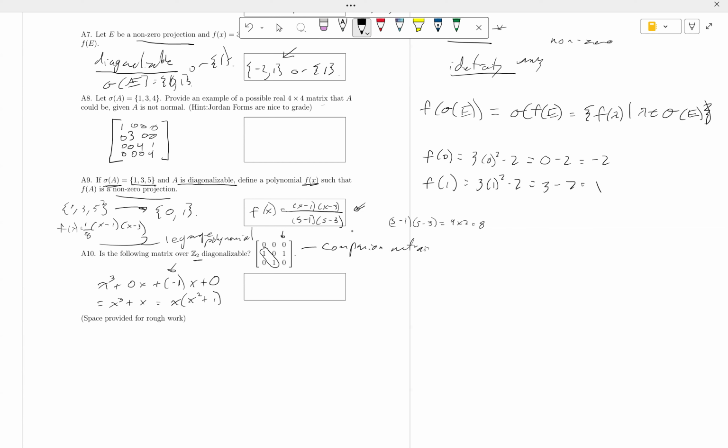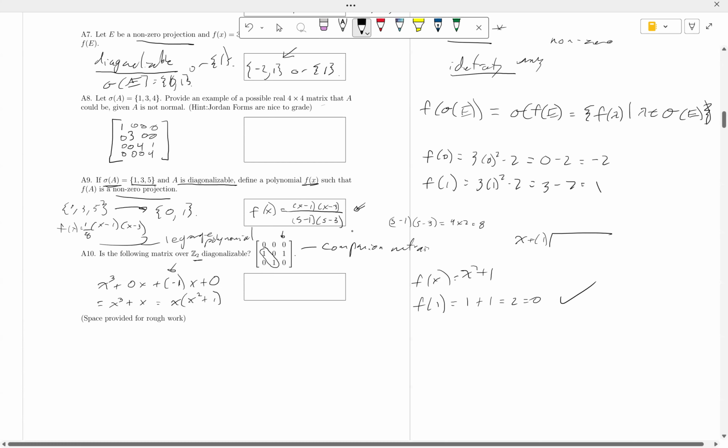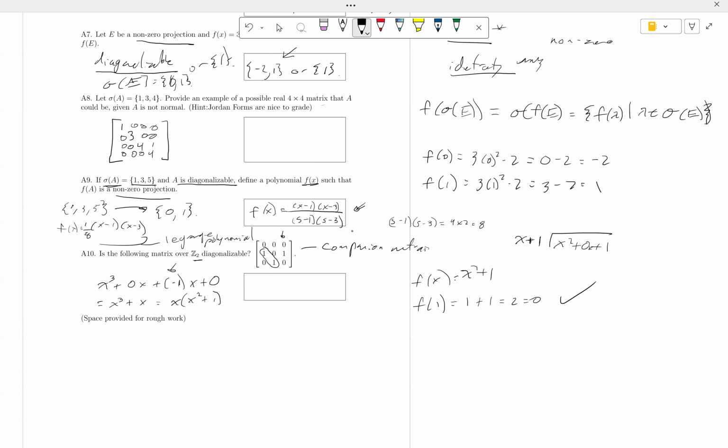The question is, does this factor? Well, when I look at x squared plus 1 to determine if it factors, I'm going to use the factor theorem. So if I plug in 1, I get 1 plus 1, which equals 2, which equals 0. So yes, 1 is a root, meaning I can factor by x plus negative 1, or x plus 1, because I'm dealing with Z mod 2. x squared plus 0x plus 1 divided by x plus 1 goes in x times, x squared plus x.